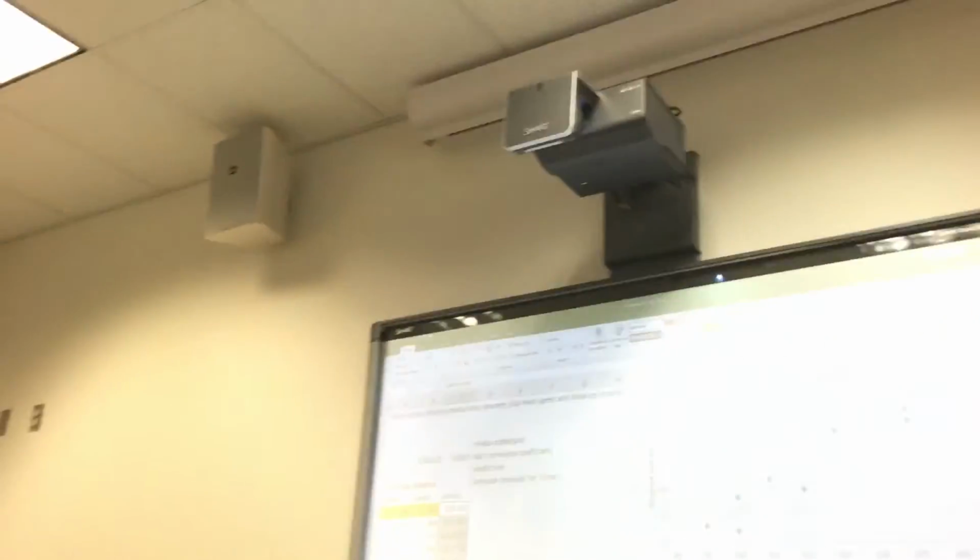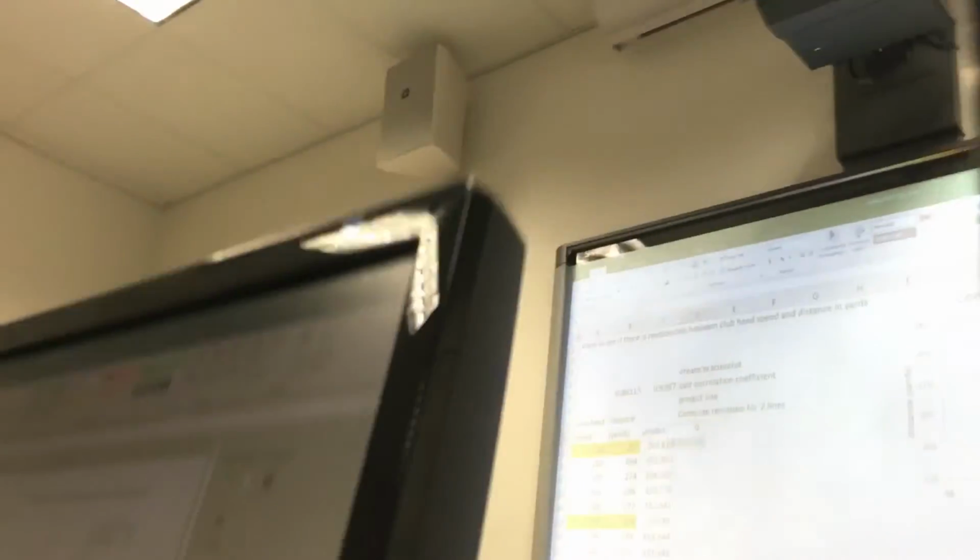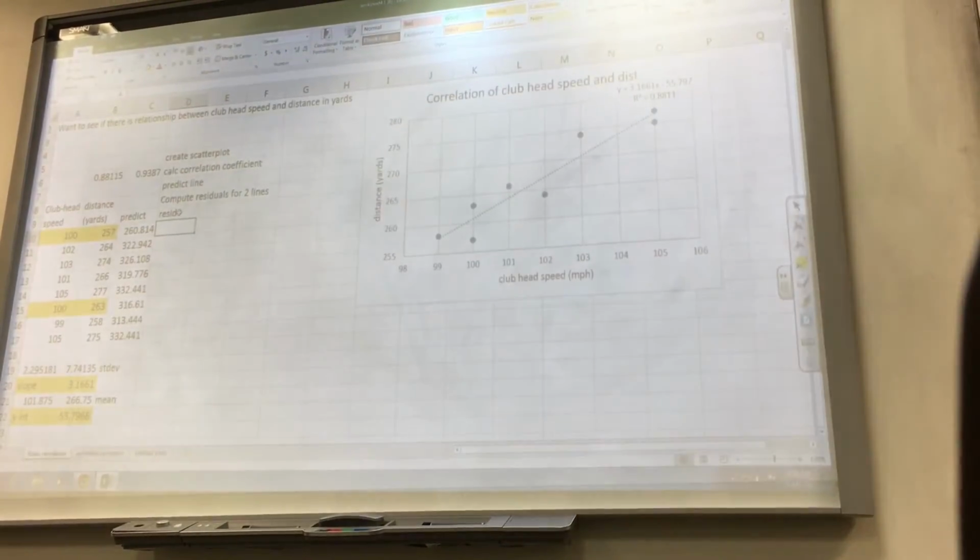If I did that for all of those, I could copy that down. And now I could do what we call a residual. So you took the y equals mx plus b. What did you plug in for x? X, that's your miles per hour.